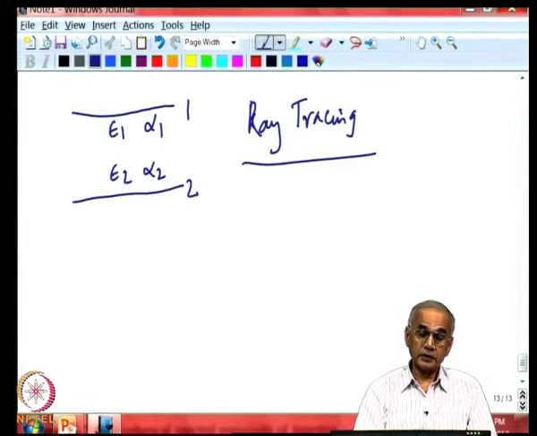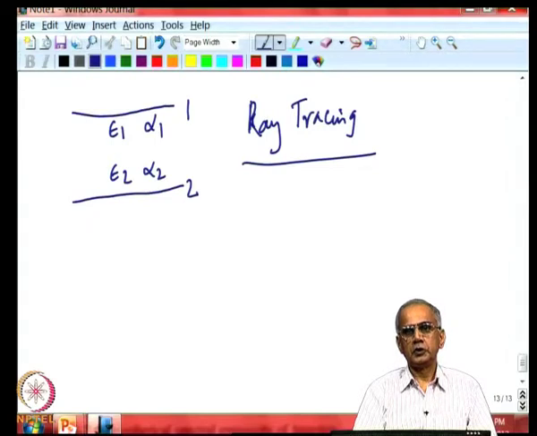Now, ray tracing is getting very popular today because computers are quite powerful in terms of speed, and so it is possible to actually do radiative transfer calculations just by following photons, just tracing photons from their birth to their death.